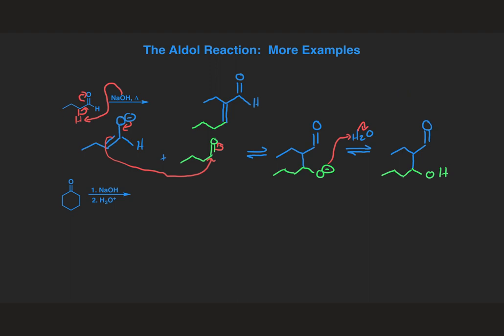We're then going to dehydrate that by grabbing that alpha hydrogen and forming an enolate.